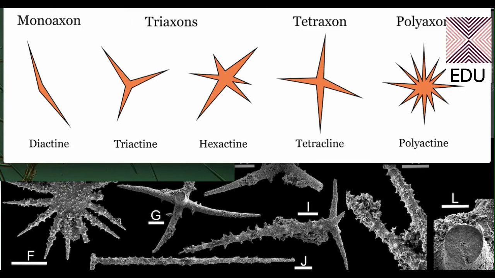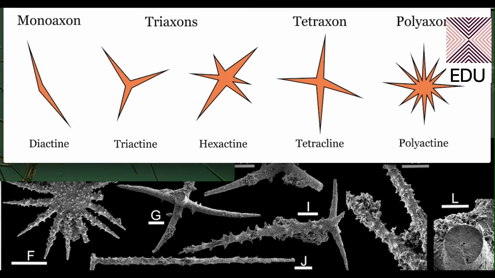And this type is the tetraxon with 4 axes meeting in the center. The last is the polyaxon spicule. Out of these forms, monoaxon, triaxon and tetraxon are the most important types.